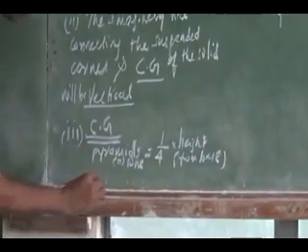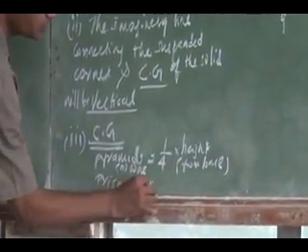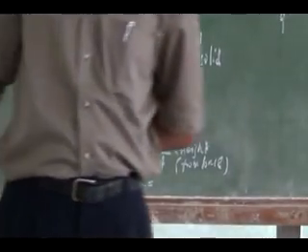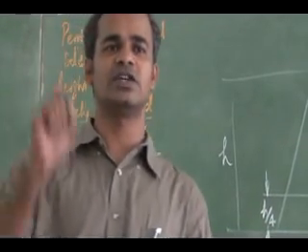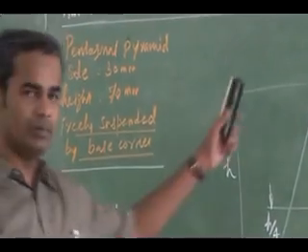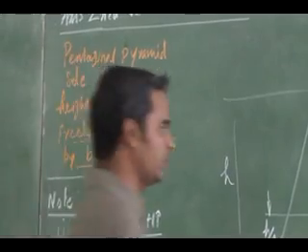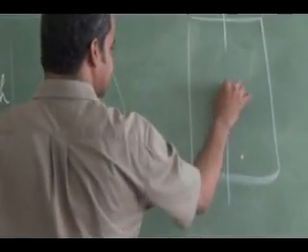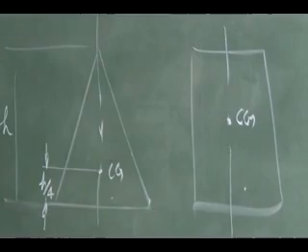If it is a prism or cylinder, where will I have the CG of the solid? It will be exactly in the middle. For prisms or cylinders, on the axis, the CG will be exactly in the middle.